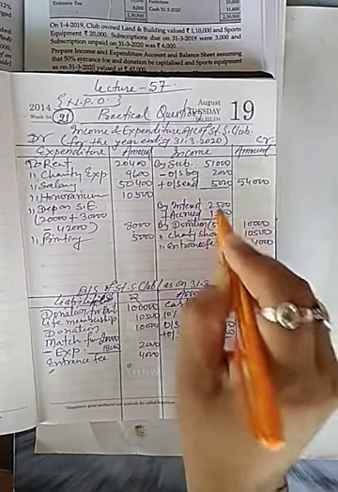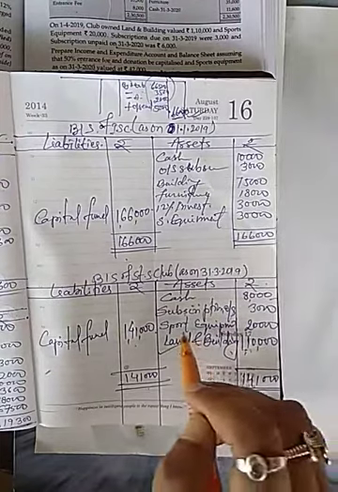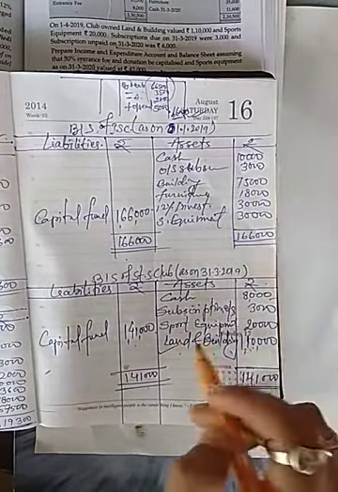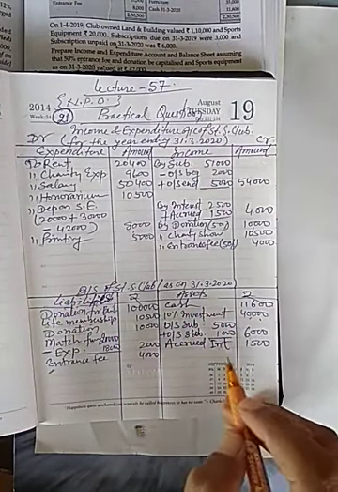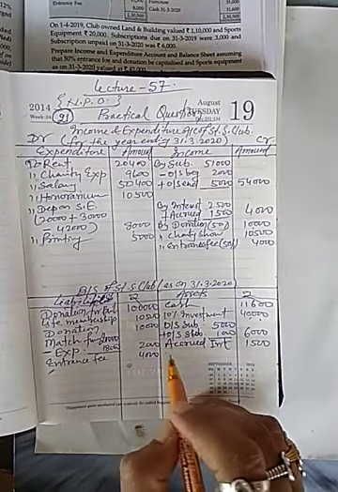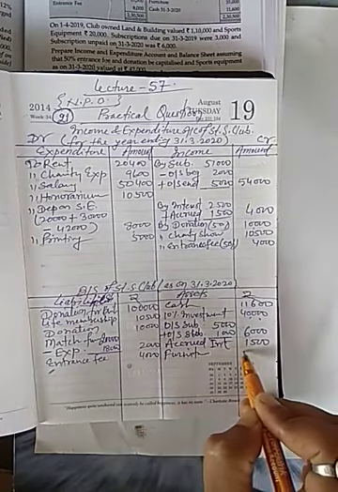Now from the previous year balance sheet, I will bring the building to next year. Sport equipment is given. So now I will write furniture. Furniture is also given in the question. So furniture will be 35,000.